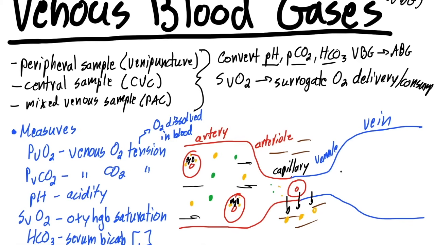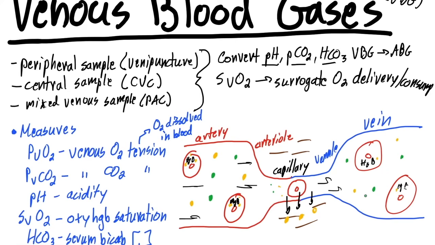And then these things keep flowing through. On the other side, you have your red blood cells that have their hemoglobin that now most likely have less oxygen attached to it because it gave some to the tissue in the capillary. And then you have your venous oxygen tension, which is going to be less than your arterial oxygen tension, and your venous carbon dioxide, which tends to be about the same.